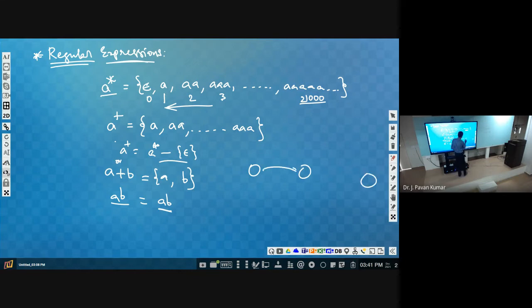Like we have A, next, let us say B, then B. Okay, this is the initial state, this is the final state. Now, what kind of strings will this particular finite automata accept? This is the question. Try to understand.